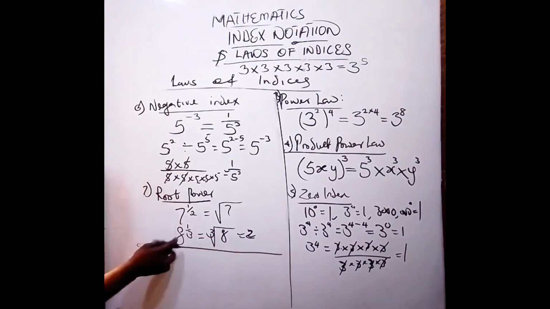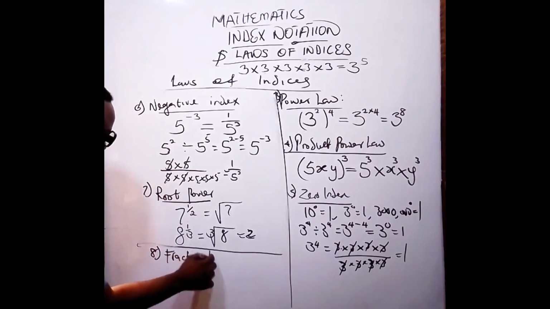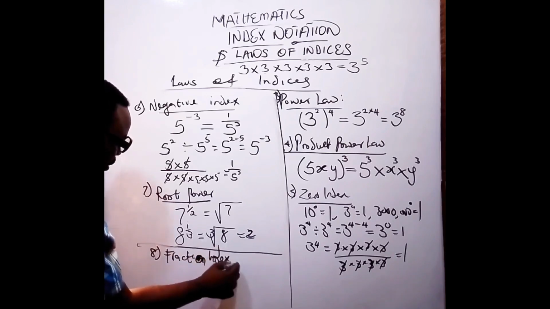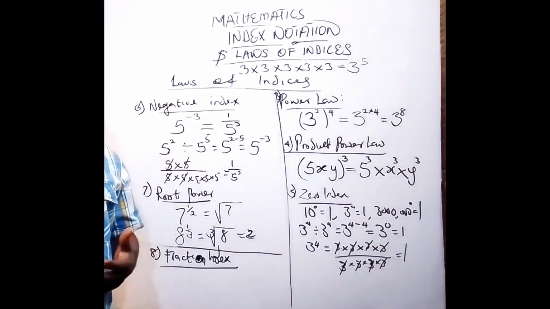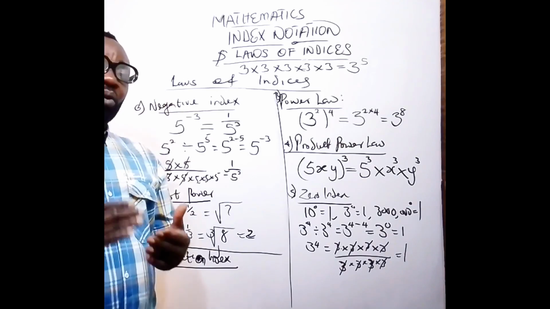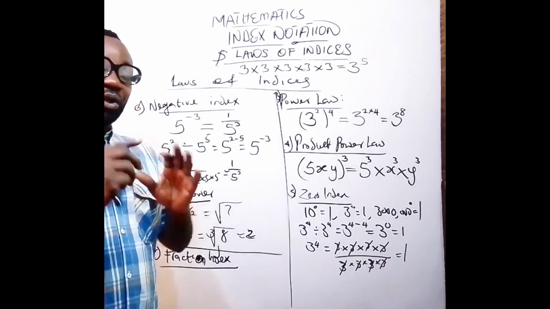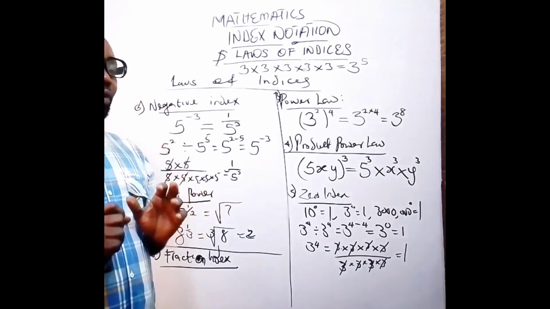Then the next one is called the fraction index. When a particular value is raised to a fraction, the numerator will still be the power of such value, and the denominator will now form the root of such a value.